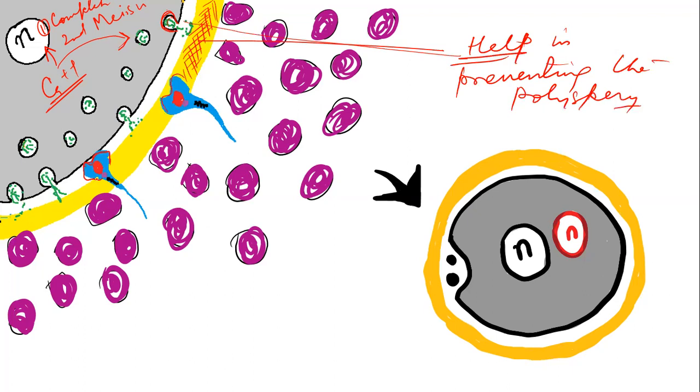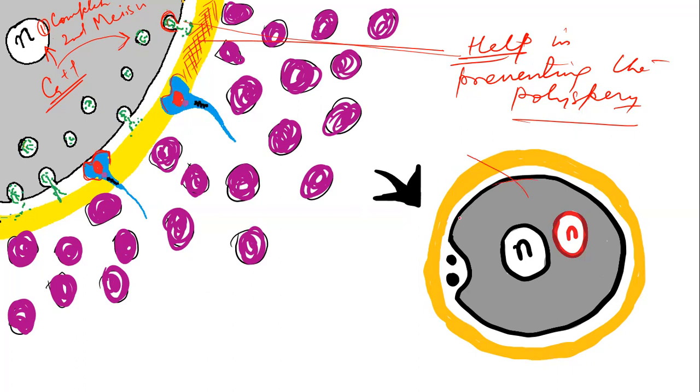What happened actually? Once the sperm comes in contact with the oolemma, there is increased influx of calcium ion. This causes two things: completion of the second meiosis, and the cortical reaction and zona reaction.